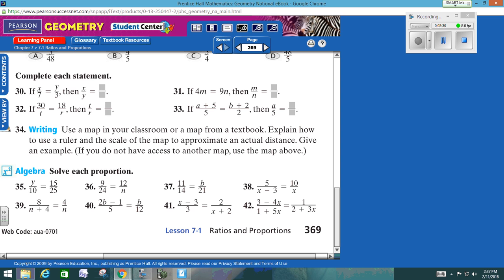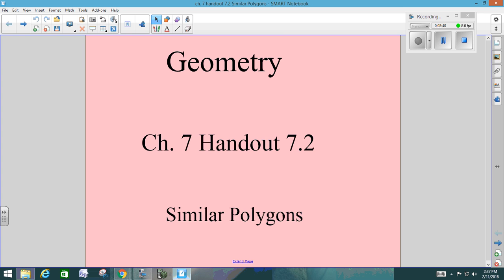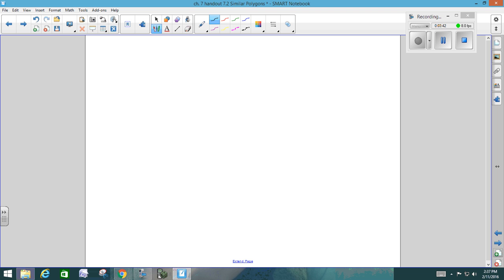I'm going to do those 2, regardless if you tried them or not. So, just add it on here. For 41, x minus 3 over 3 equals 2 over x plus 2. Okay, cross multiply, since it's a proportion. And your extremes that you're multiplying are going to be these guys.